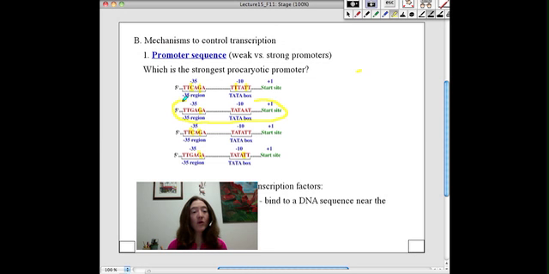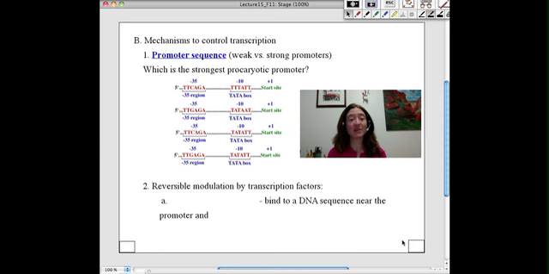So we know that promoter sequence is one of the things that just regulates gene expression. The second way that genes can be regulated is when proteins literally bind to DNA and get in the way of the RNA polymerase enzyme, stopping transcription, or vice versa. They can actually bind to and make the promoter more accessible to RNA polymerase, actually enhancing transcription.